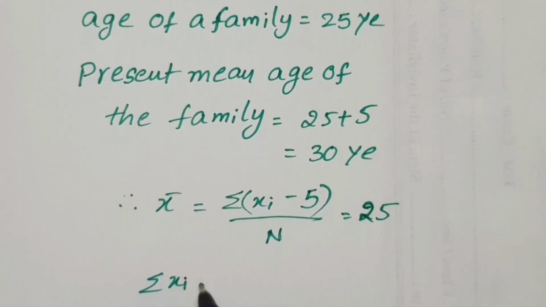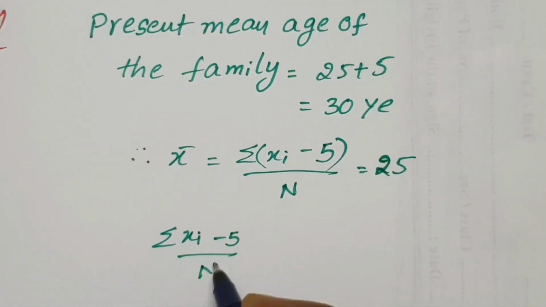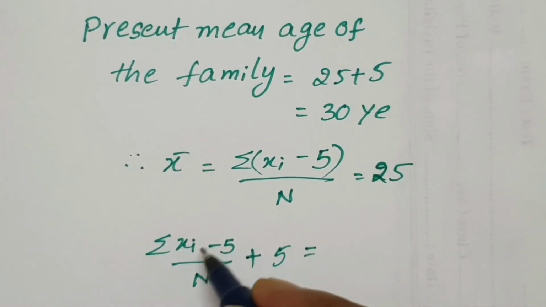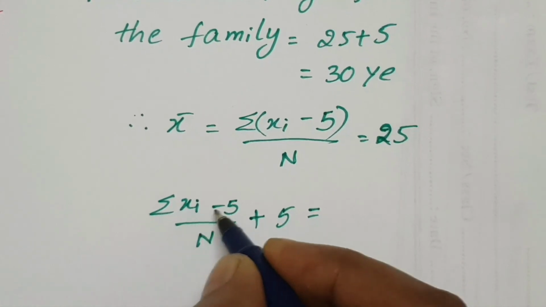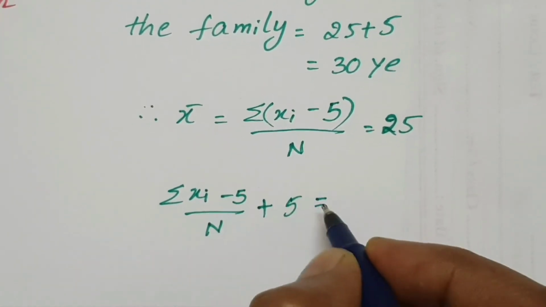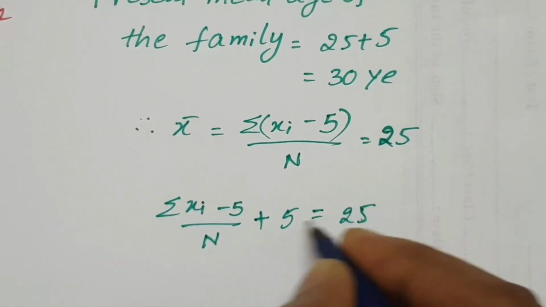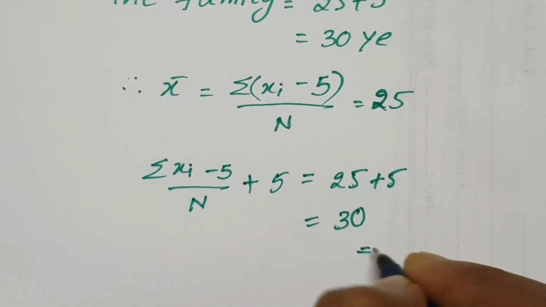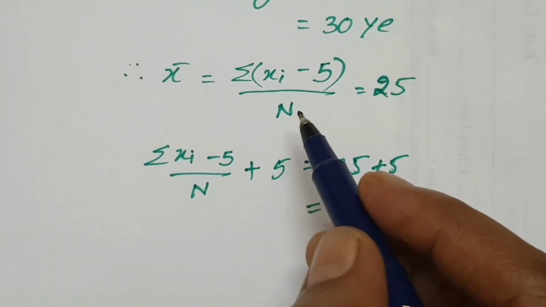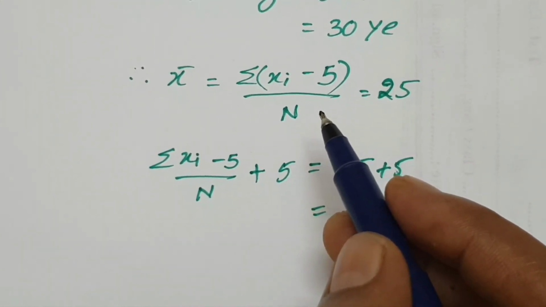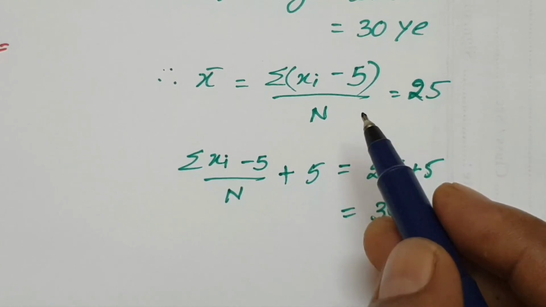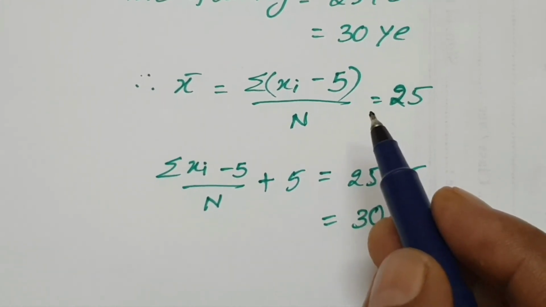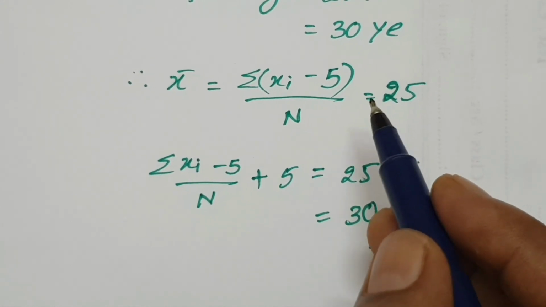Sigma xi minus 5 by n plus 5 equal to 25 plus 5 equal to 30. Here one of the conditions: when all the observations of the data are increased or decreased by a certain number, the mean also increases or decreases by the same number.